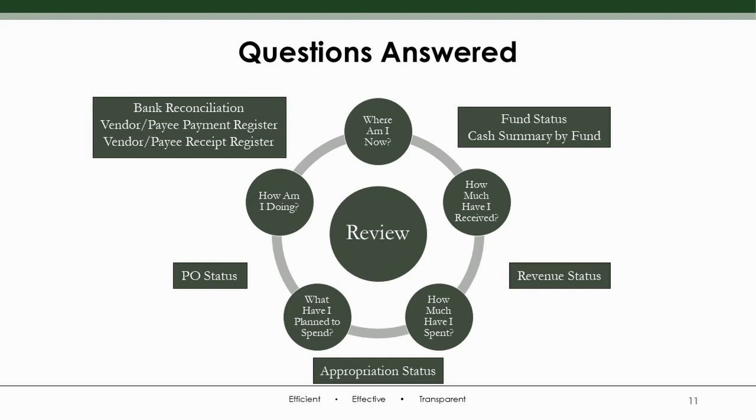Now that we have a few reports under our belt, we can then recap and look at this diagram, which is the question answered, and the reports and how they answer those questions. Because it's important to note that some of these reports will be used in conjunction with each other in order to answer the questions together, such as, what have I planned to spend for the purchase order status report that we just went over?